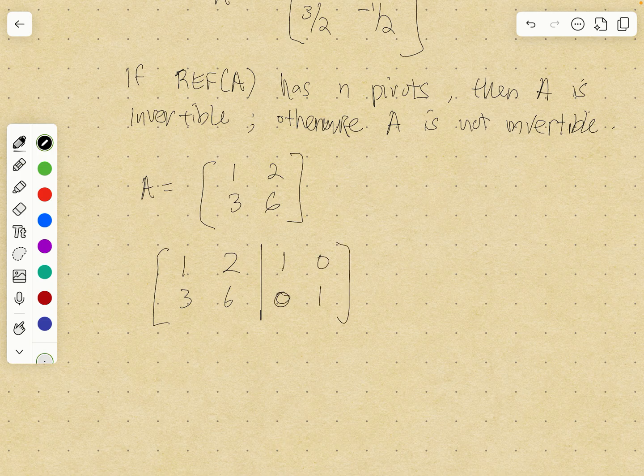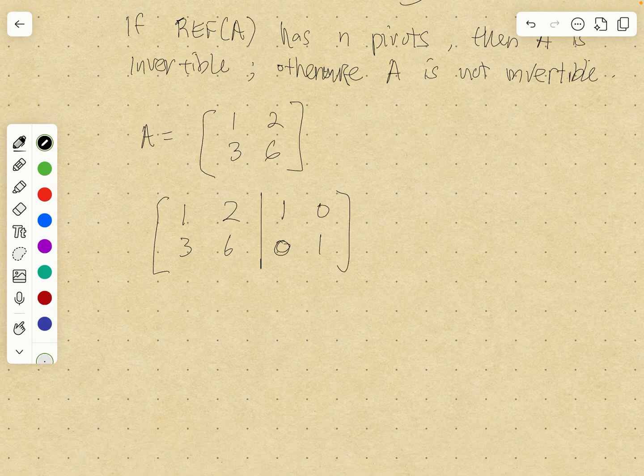If you're able to solve this kind of augmented system, this is like A times X is the identity matrix instead of A times X is the vector. If you're able to solve for the matrix X, well, we call it B, then that will be the inverse. And if you can't solve for it, then the matrix inverse doesn't exist.